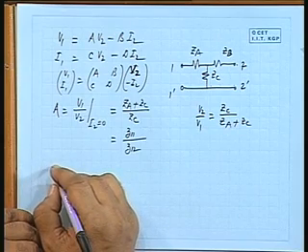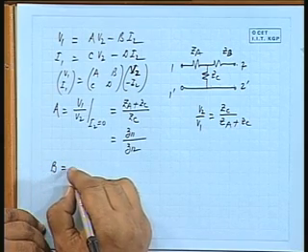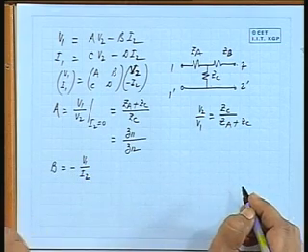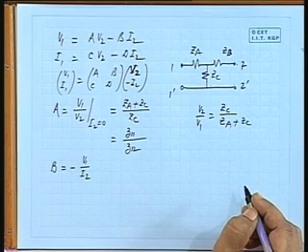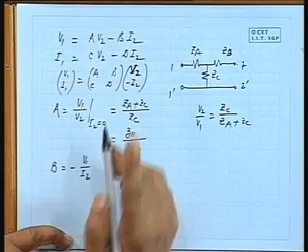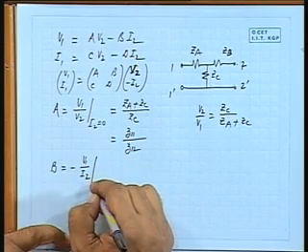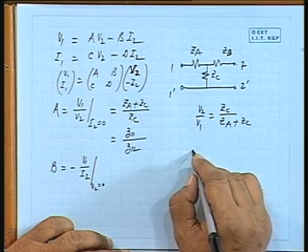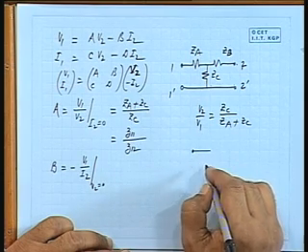Similarly, what will be B? B is minus of V1 by I2. And what is V1 by I2? V1 by I2 when V2 is 0, that is short circuit condition. So, under short circuit condition, what should I write? In terms of Y, that would be better.